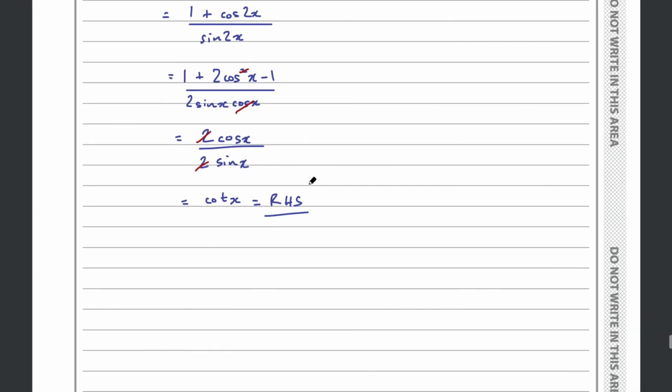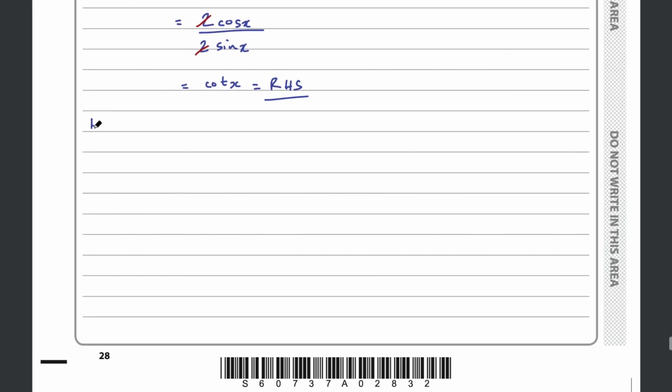Let's get started on part B down here. Let's write out that whole expression again: the cosecant of 4 theta plus 10 plus the cotangent of 4 theta plus 10 equals root 3.